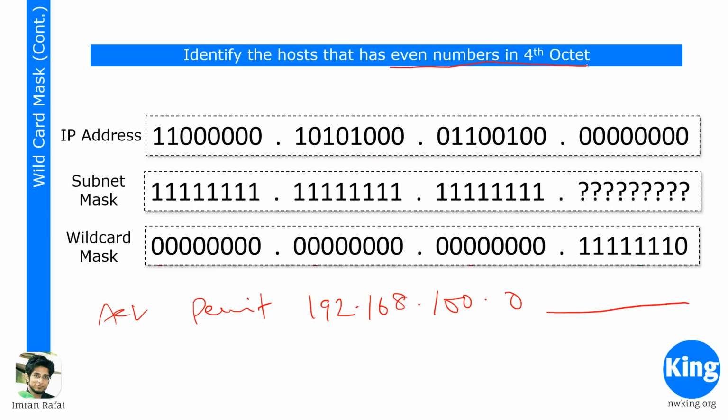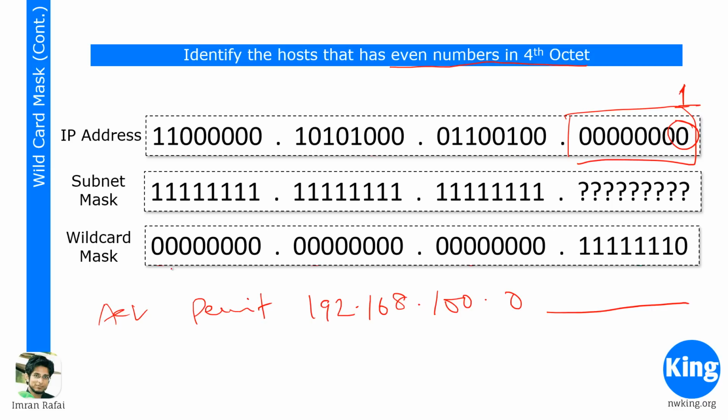But look at the magic in wildcard. Before I explain this, I will tell you what it is. We are only talking about the 4th octet now. If the 4th octet number has to be even, the last bit has to be a 0. If it's a 1, it will always be an odd number.